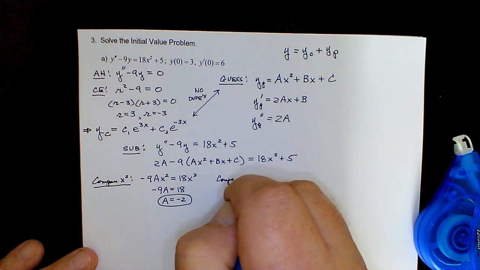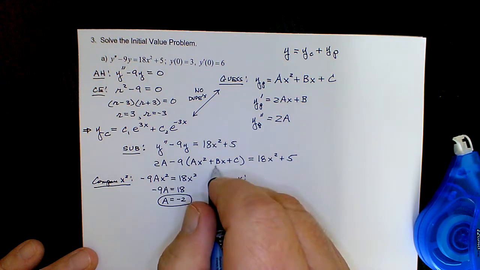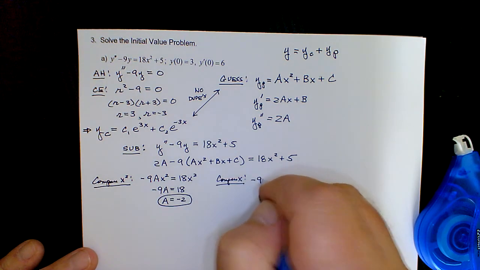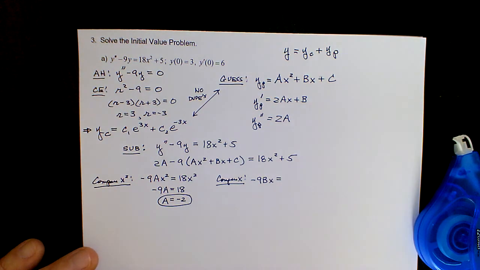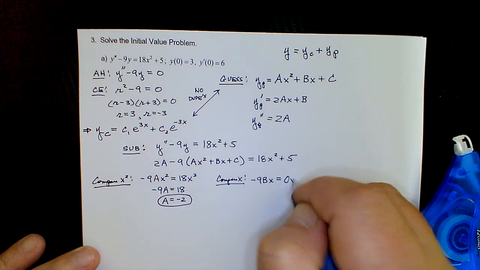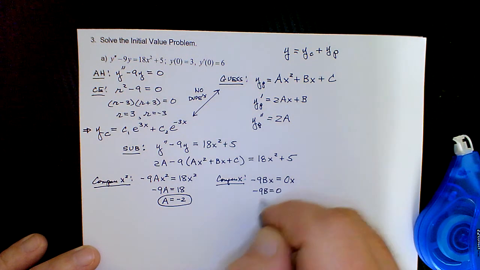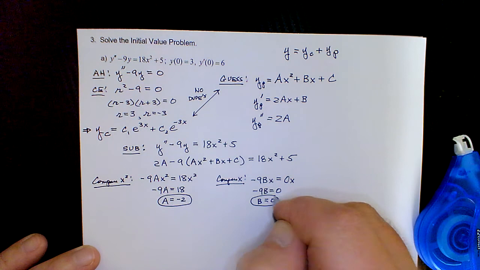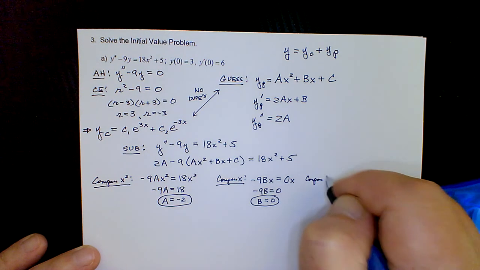Okay, let me compare the x's next. On the left, we have negative 9bx equaling 0x, because there aren't any x's on the right. So negative 9b equals 0 when we divide out the x's, and b is 0. And then we'll compare the reals.